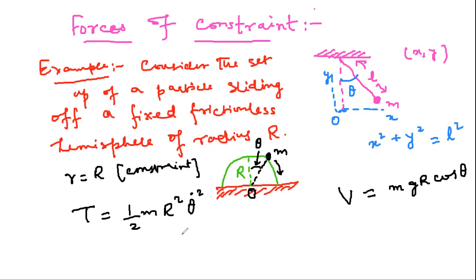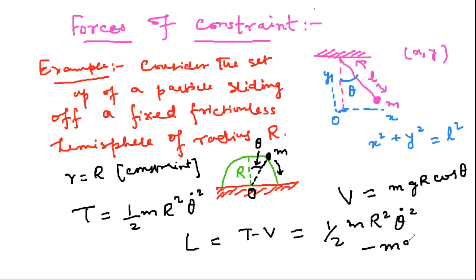Therefore, what is Lagrangian of the system? Lagrangian of the particle, Lagrangian is simply T minus V, which is half m r square theta dot square minus mgr cos theta.